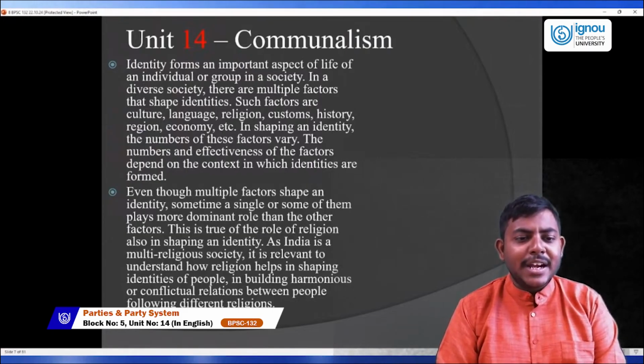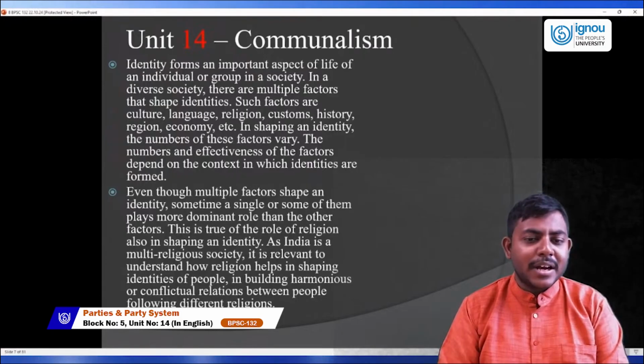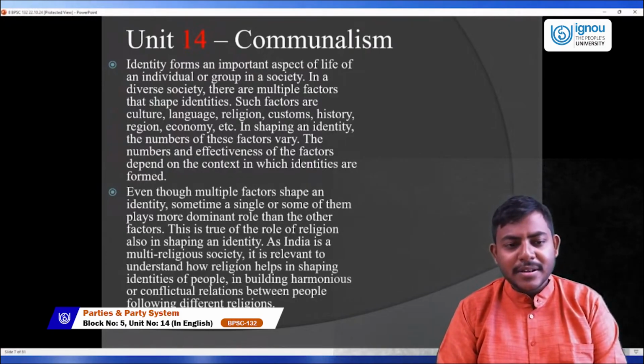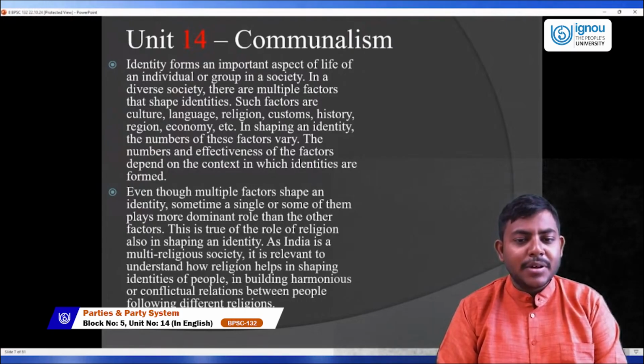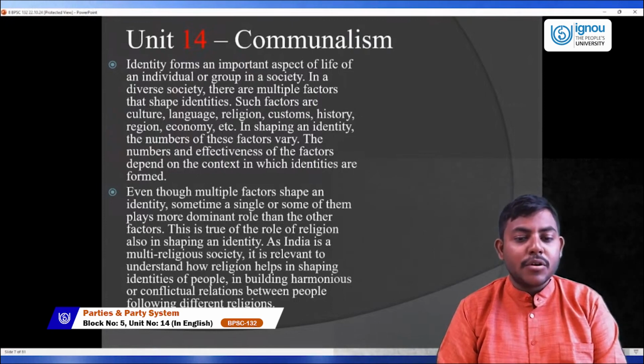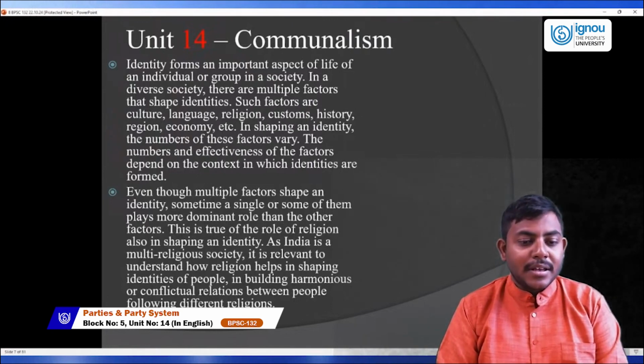In shaping an identity, the numbers of these factors vary. The numbers and effectiveness of the factors depend on the context in which identities are formed. Even though multiple factors shape an identity, sometimes a single or some of those factors play a more dominant role than the other factors. This is true of the role of religion also in shaping an identity.